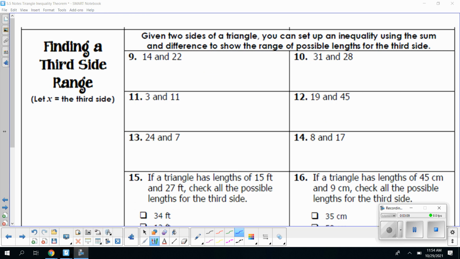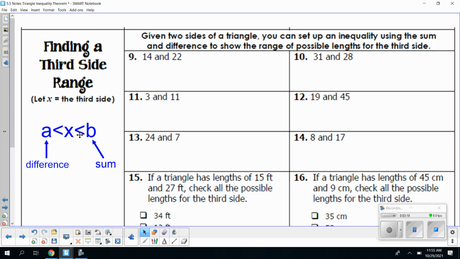In our next section, we are finding a third side range. What number could represent that third side? If we take the two numbers that we are given and we add them together and we take the difference of those two numbers, that can give us a range of values that this third side could equal. So let's take a look at number 9.